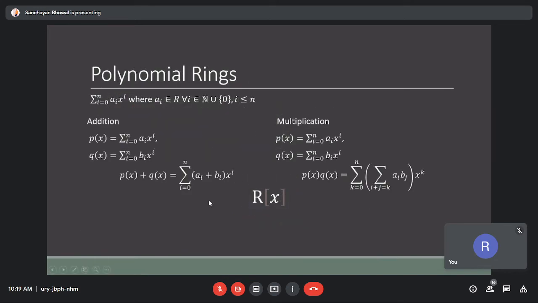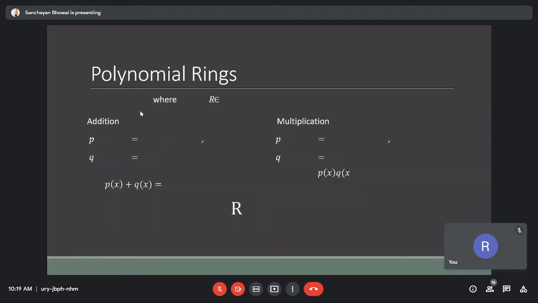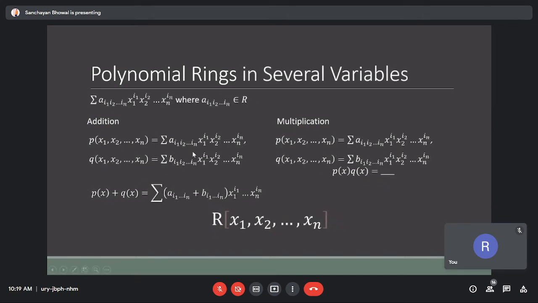Now we move back to polynomial rings again. Now we try to generalize this, but in a different fashion. As you can see, we had only x here. So we replace this x and we put multiple variables, x1, x2, xn, many variables. And we similarly define the addition and multiplication.